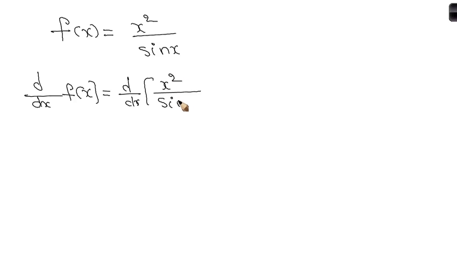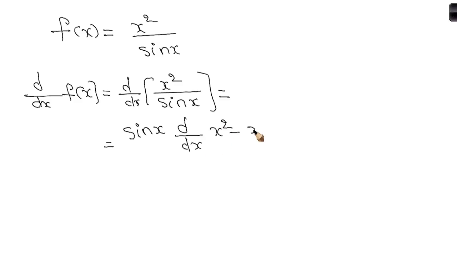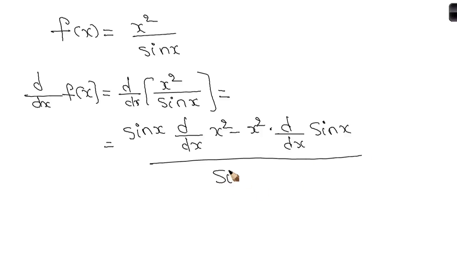Now this is again the quotient rule. Very good. What does the quotient rule say? Sin x, that is the second function, into the derivative of the first function, that is derivative of x square, minus x square into derivative of sin x, by sin x whole square, or the same thing can be written as sin square x.